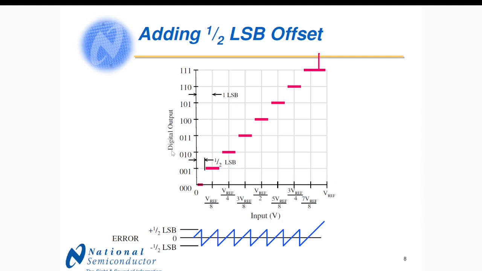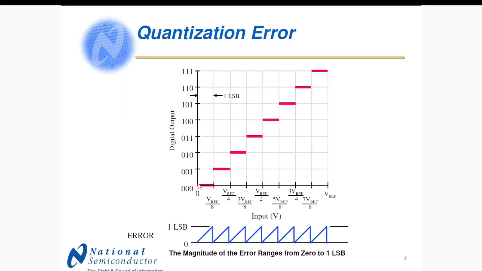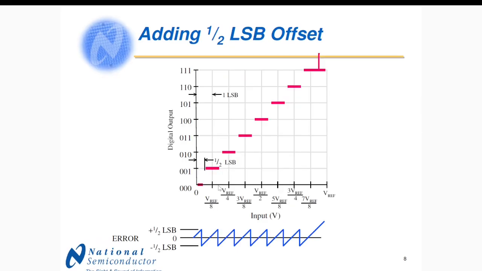So this is one of the techniques used to reduce the 1 LSB error to make it a half LSB by introducing an offset. And as you see here, this is the offset. So rather than the signal going from here to here, by introducing the offset, you see the signal, now the delta has become lesser.